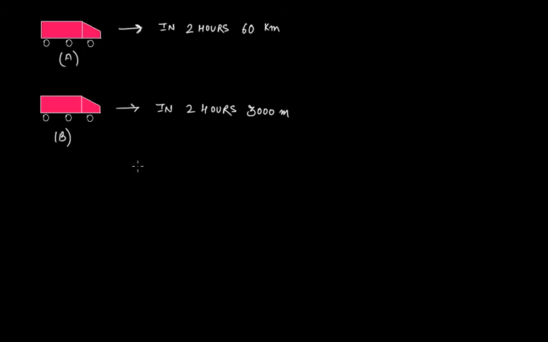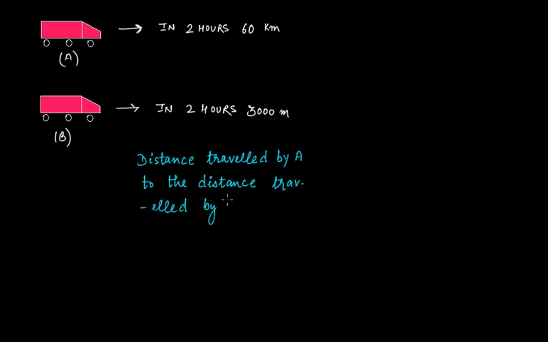So if we have to compare, then the distance traveled by A to the distance traveled by B. If we compare in this way and put the direct values, it will be 60 over 3000, and this will be 1 over 50, that is 1:50.